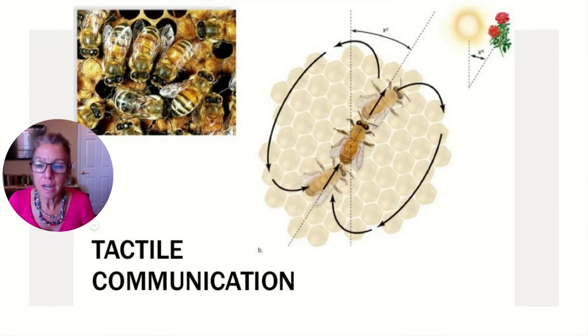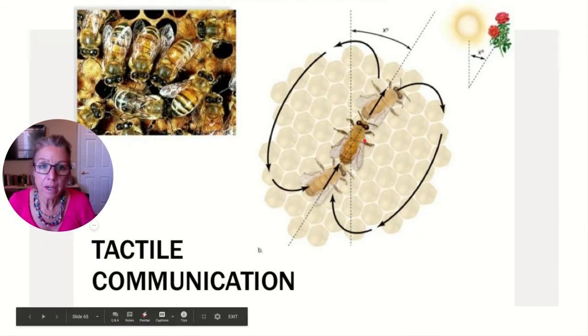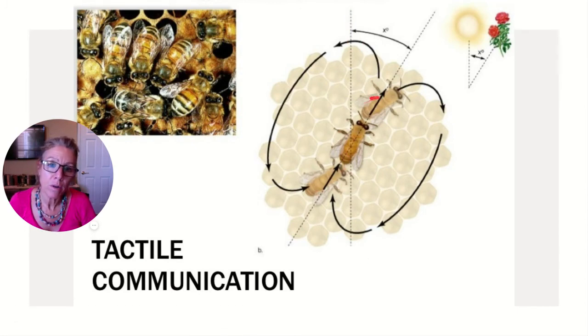If the bee does it at an angle, right here, straight up would be here. Now you can see this bee is going waggle, waggle, waggle, come around, waggle, waggle, waggle, come around. This angle that you measure right here, that is the angle in relationship to the sun that the bees need to fly in order to find that food.